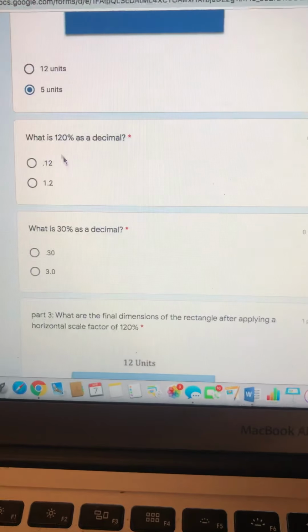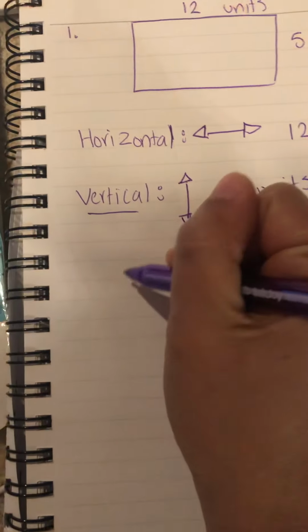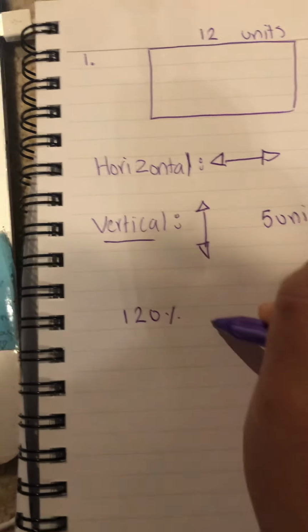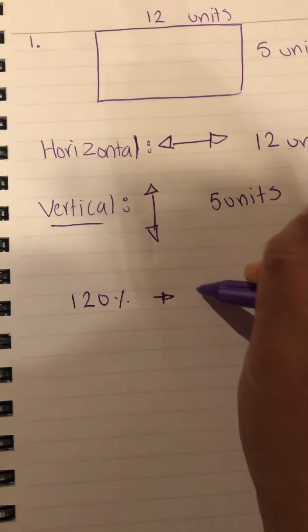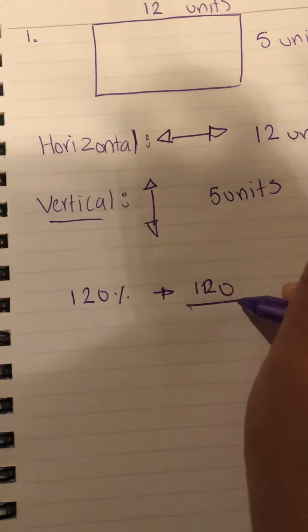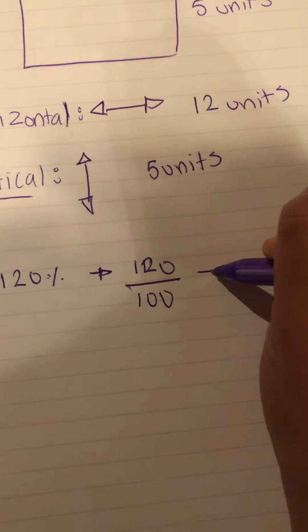Next, it says, what is 120% as a decimal? Just as a reminder, if I have 120%, what that means is you have 120 out of 100, because percent means always out of 100.